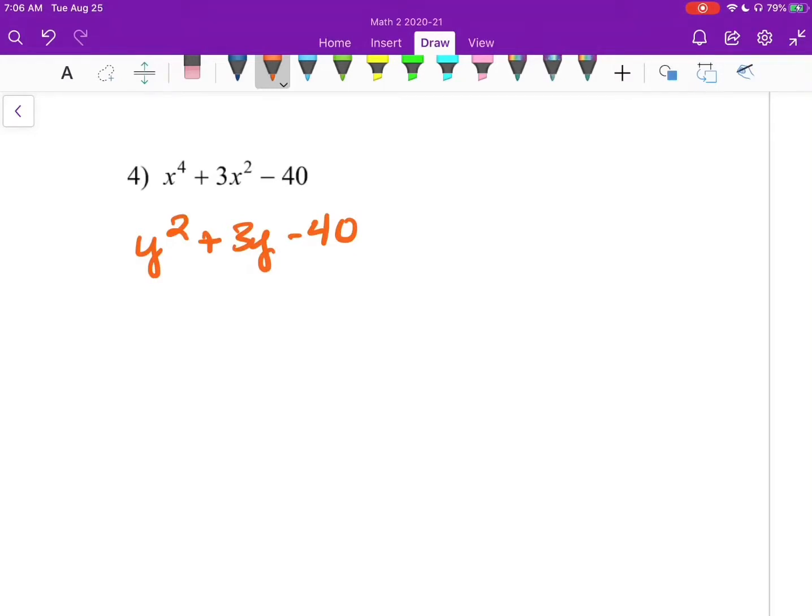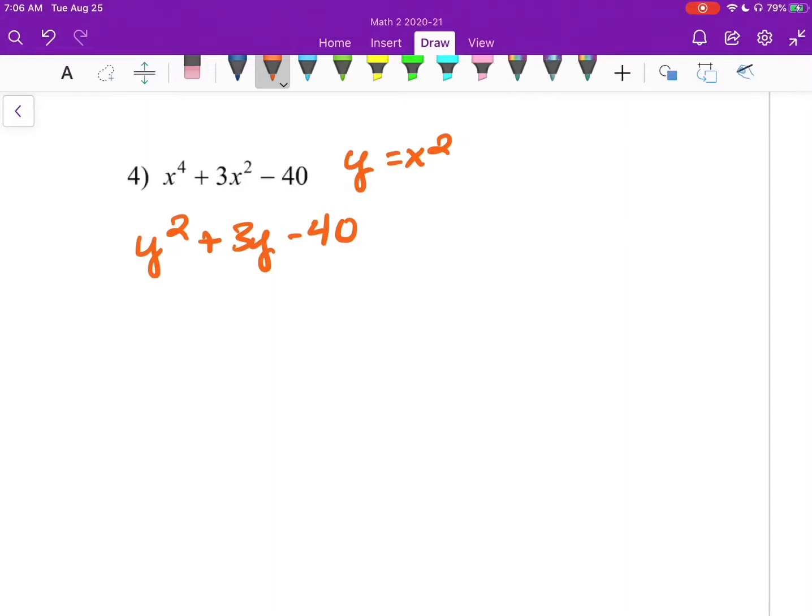So what we're going to do here is start off by making the problem easier. We're going to say y equals x squared, and we plug in a y where we have an x squared, or x to the 4th, right? So that makes the problem a whole lot easier, and then we can factor it like we would any other quadratic, and then at the end plug back in what our x is.